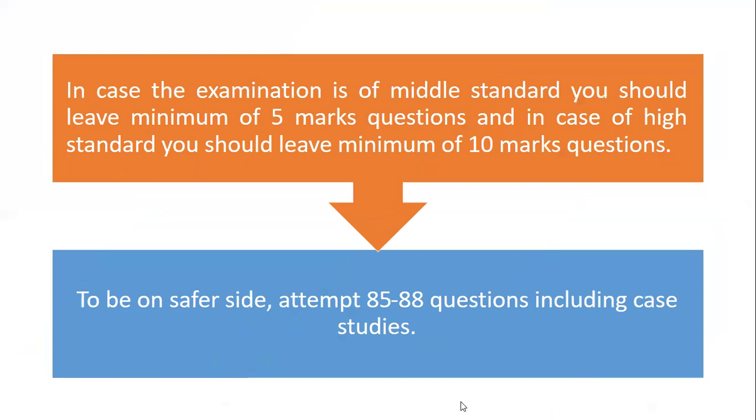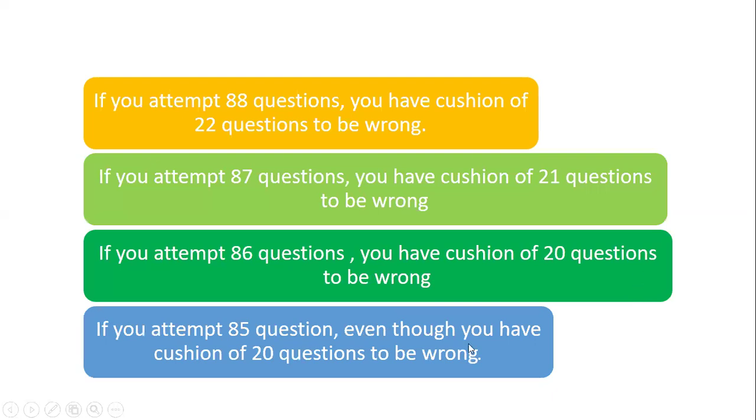To be on the safer side, attempt 85 to 88 questions, including the case studies. If you attempt 88 questions and 22 are wrong, you still have a chance to pass.